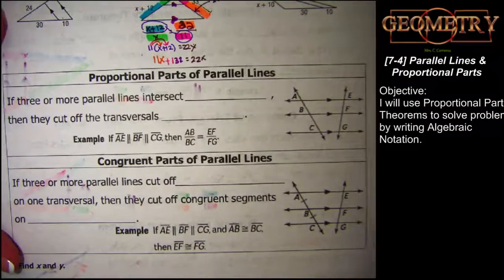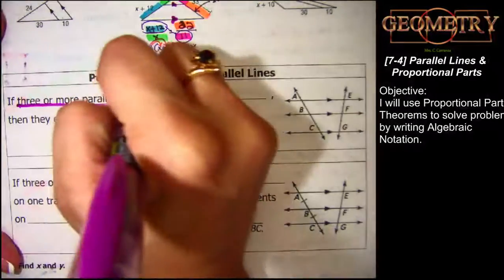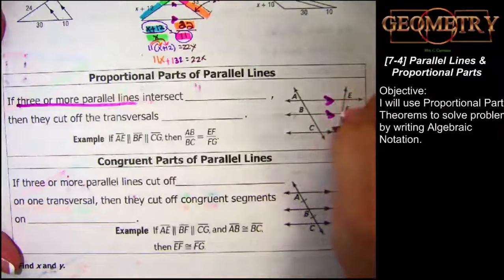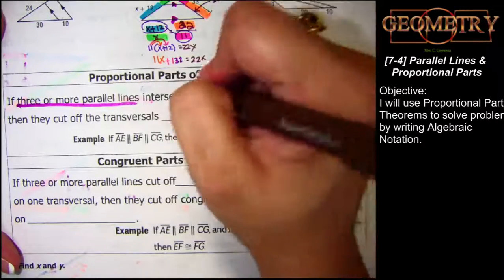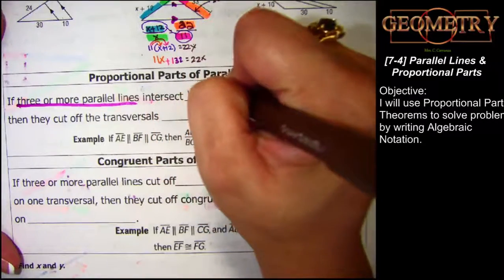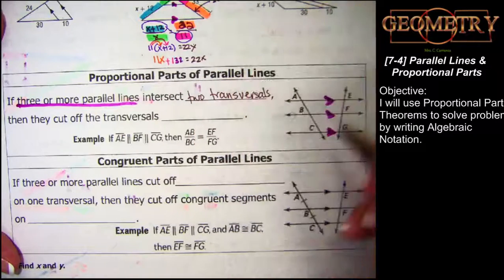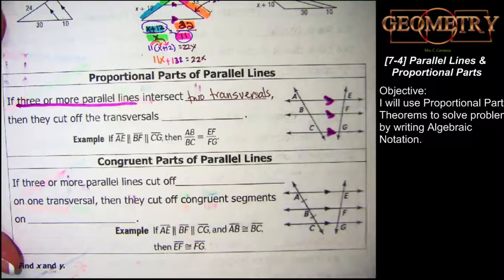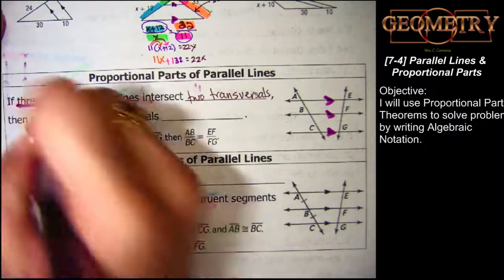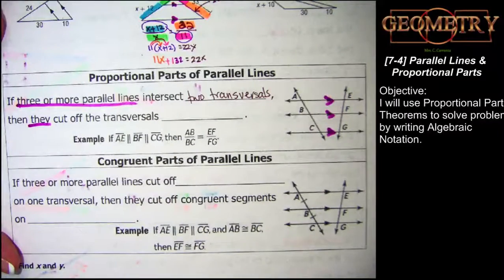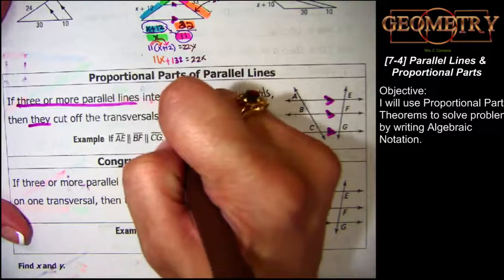If 3 or more parallel lines, so 1, 2, 3, intersect two transversals, 1 and 2, then those parallel lines are going to cut off the transversals proportionally.